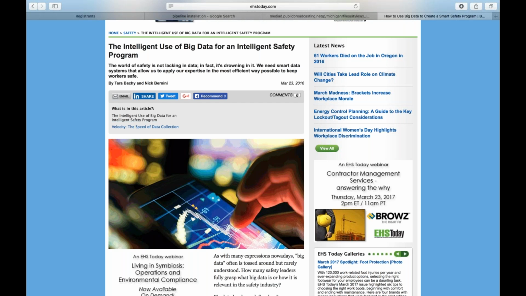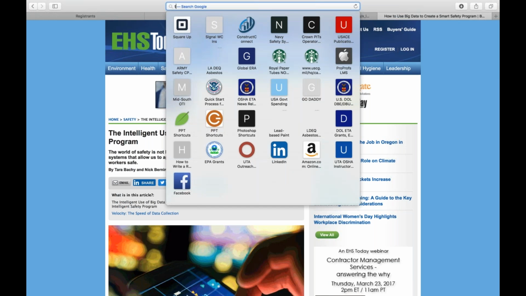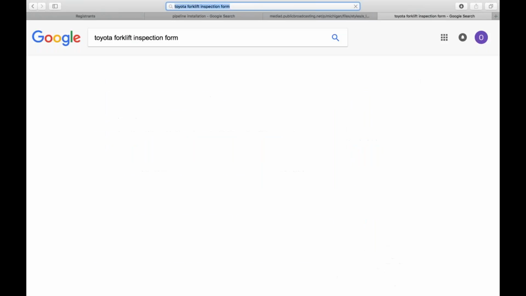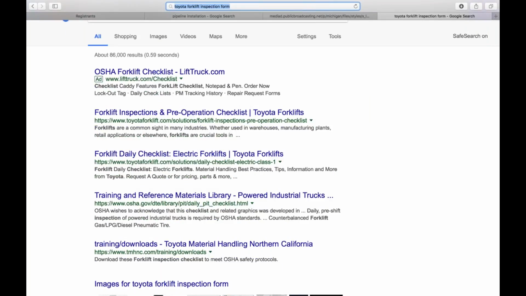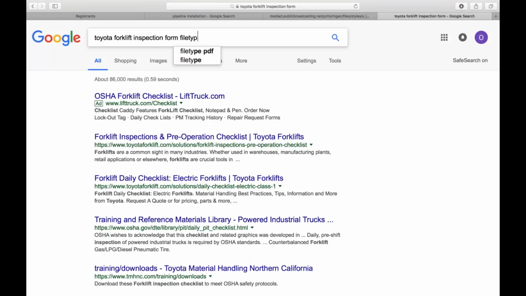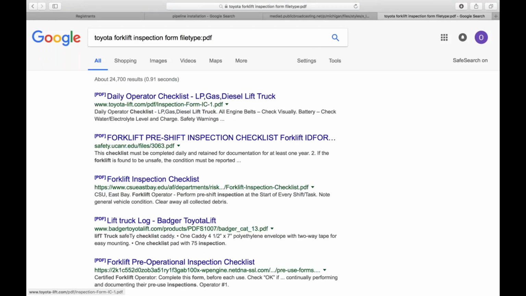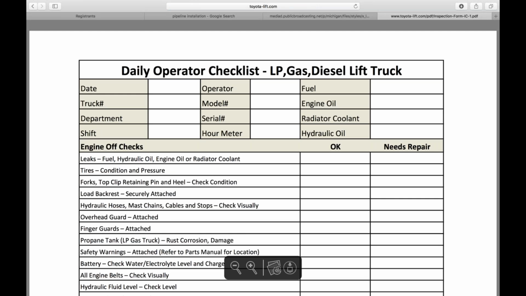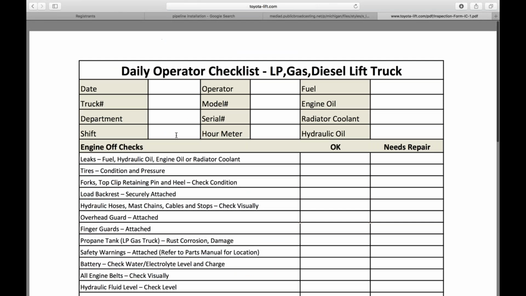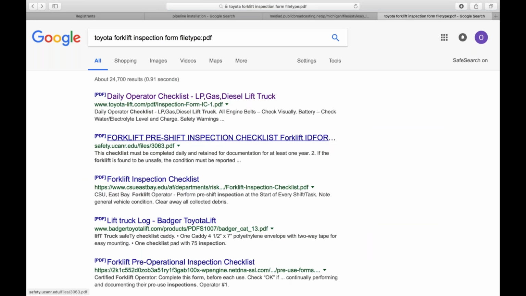Let me give you an example. Let's say we grab a powered industrial truck, right?